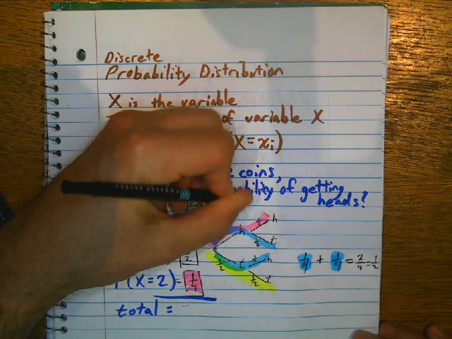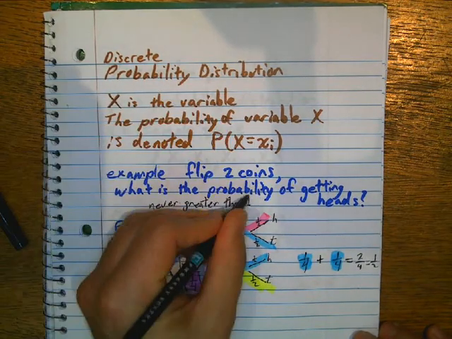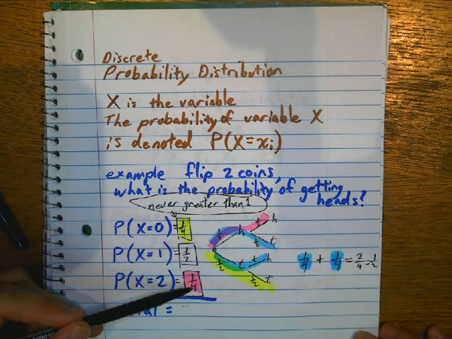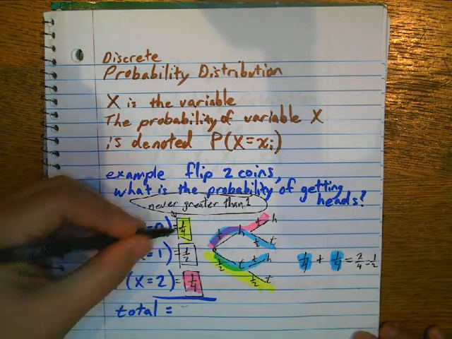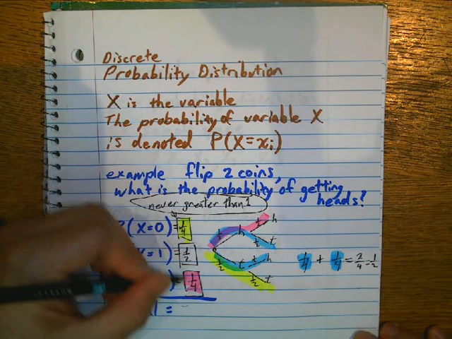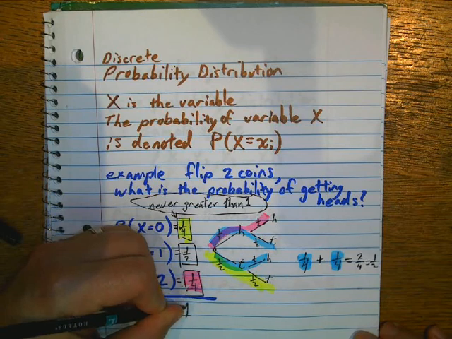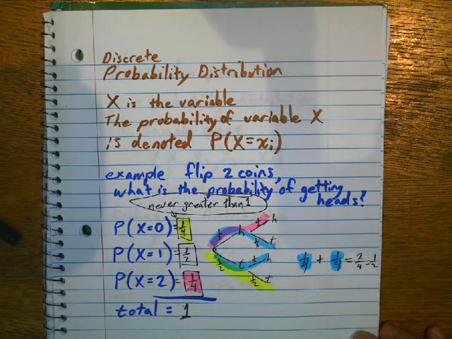That's super important to remember. The probabilities are never going to be greater than 1 because all of these have to add up to 1. So 1/4 plus 1/2 plus 1/4 is going to give me 1. All of the probabilities need to add up to 1.